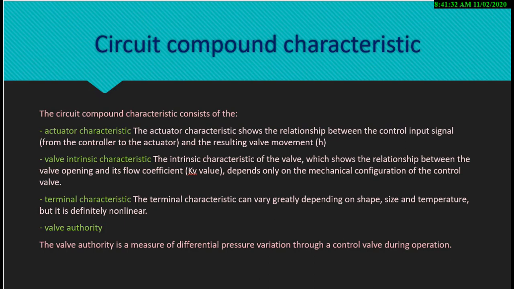If differential pressure is constant during operation, the relation between Kv and the water flow rate will be definitely linear. However, in variable flow rate systems, the differential pressure varies during operation, which means that the relationship becomes more or less nonlinear.